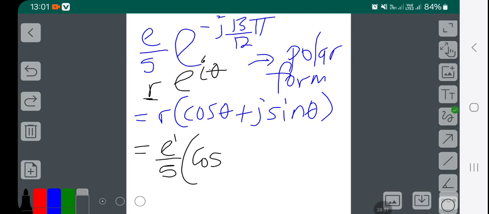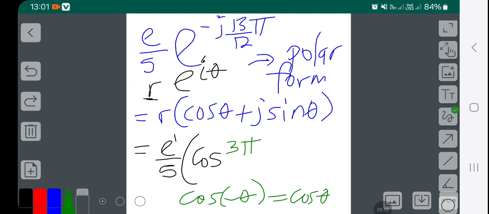But guys, since it's negative, I think from the basics of math, cos negative theta is the same thing as cos positive theta. This thing is very important. So which means if it's negative, I can just write cos 13 pi over 12, because it's the same.